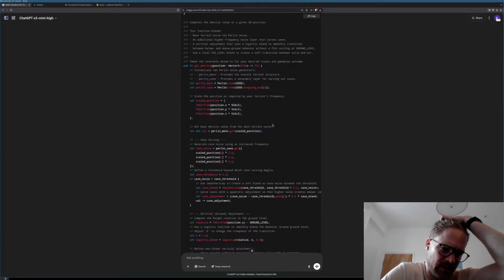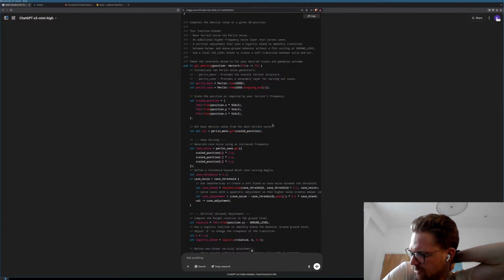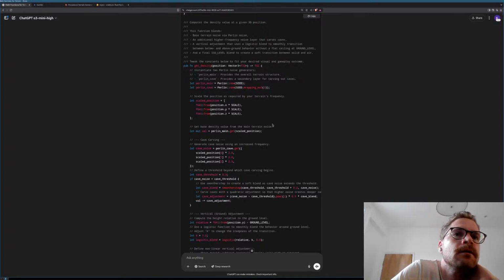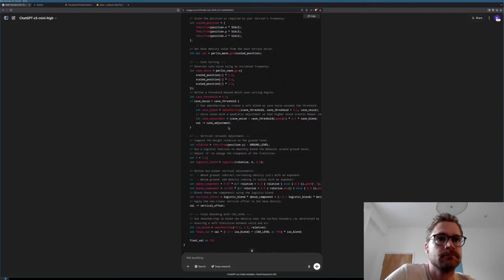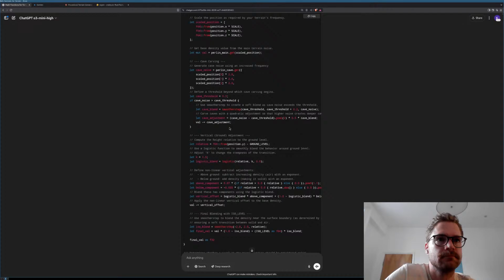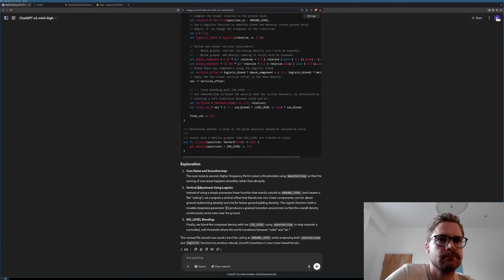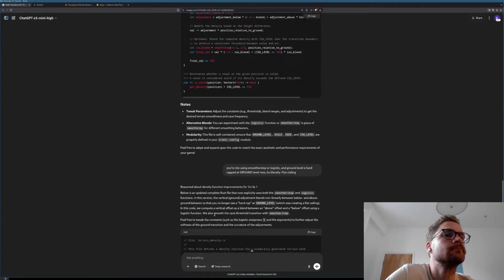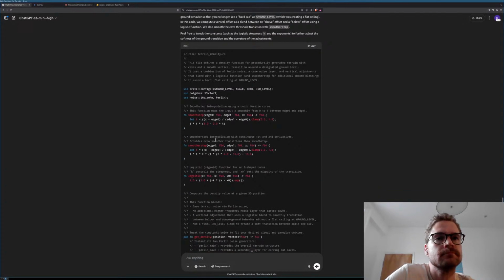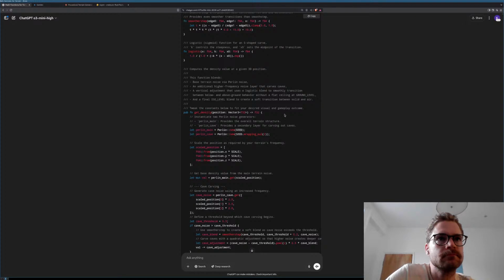There is this thing about layering, like octaves and stuff. Oh, I can't be doing new seeds every time.